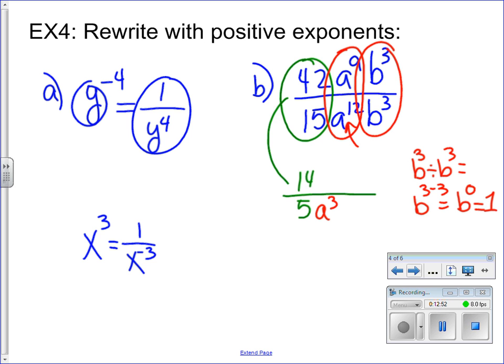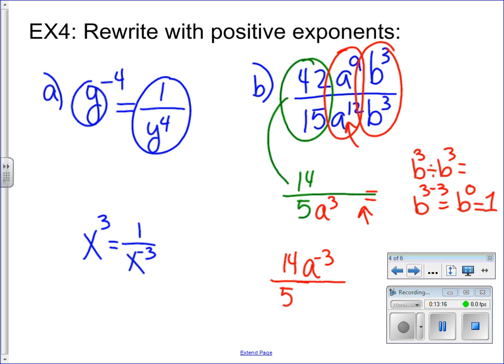Now I want us to think for a second about another way to write this. So 14 over 5. I could write the a cubed on the top, but if I switch its position from the bottom to the top, I'm going to have to negate it. So if I write it on the top, it's going to have to be with a negative third power.